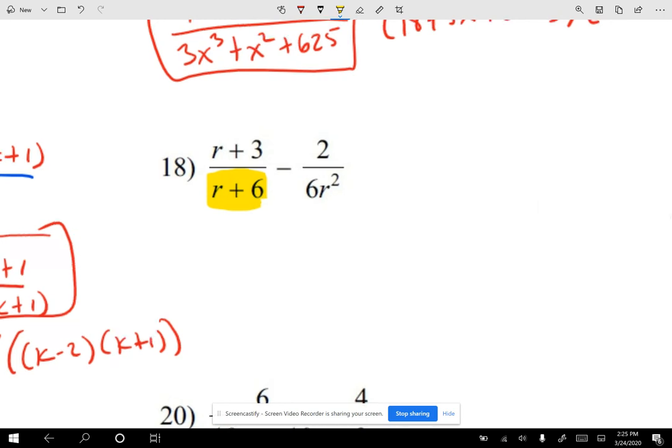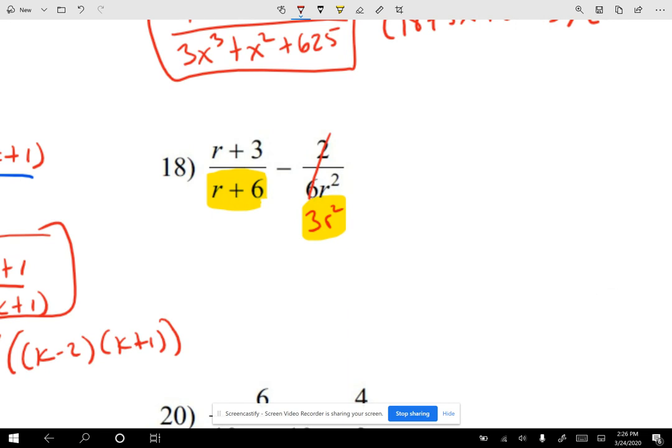Now looking at my second denominator, the 2 and the 6, 2 over 6, that can be simplified. So at the bottom I have 3r to the second. That's the denominator I have at the bottom.